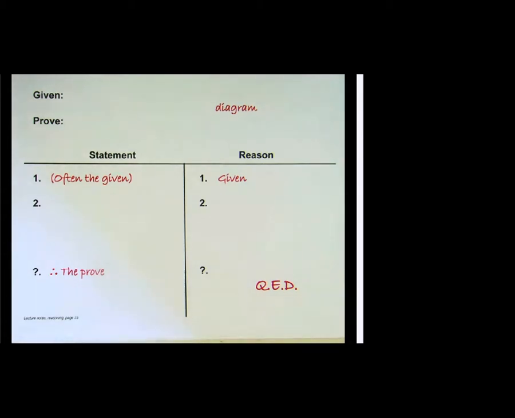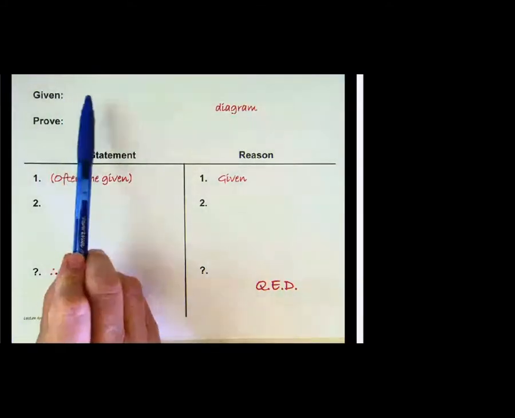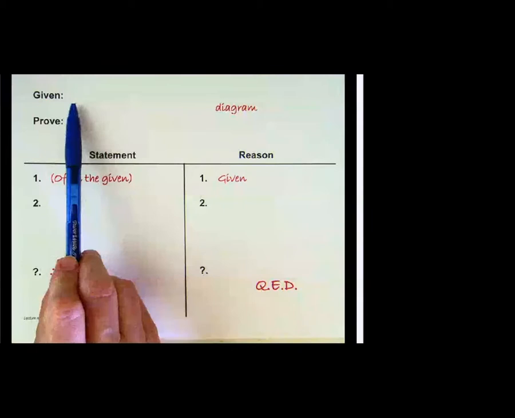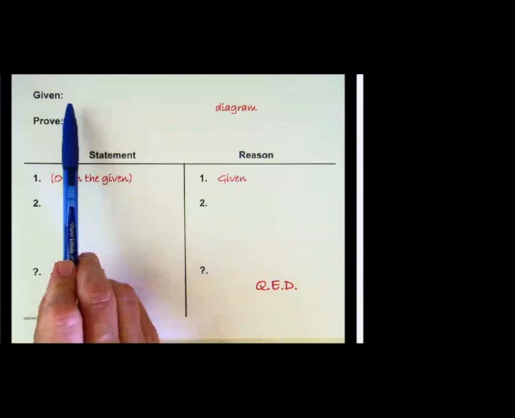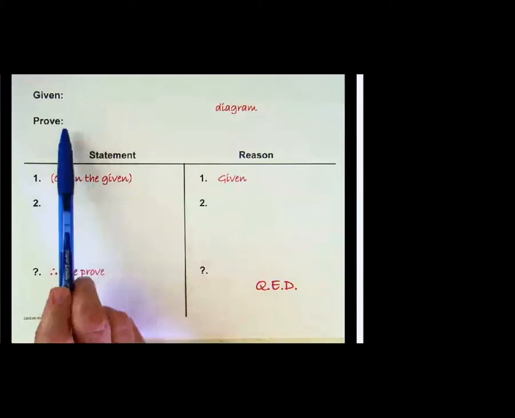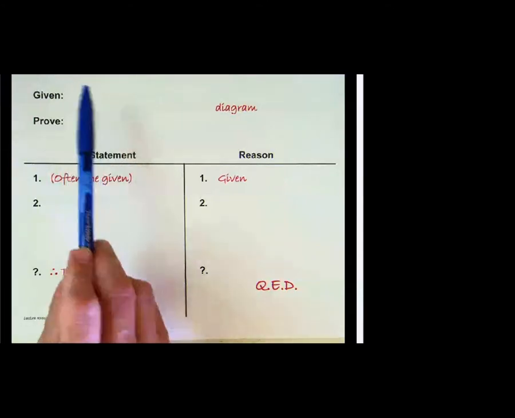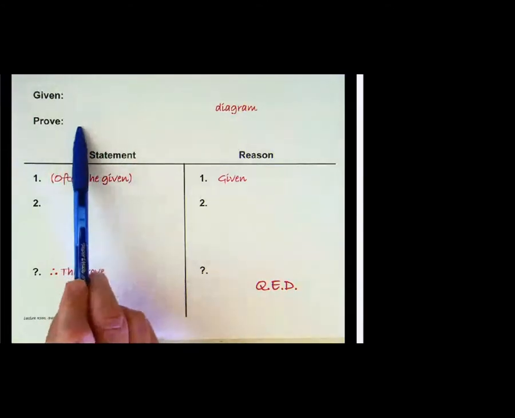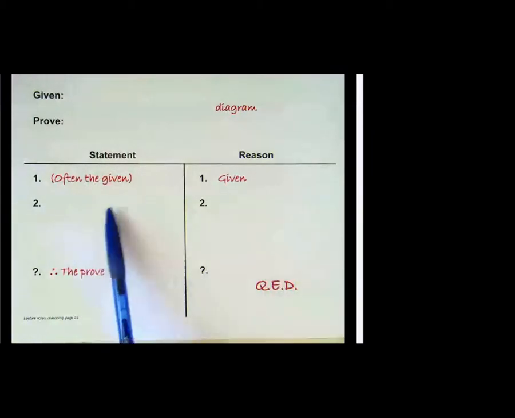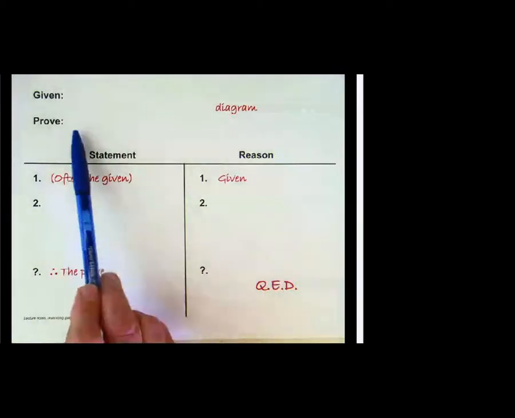So it has to physically look like this when you've done a proof. You'll write the given. You are given the given, and you'll be told what it is. You'll write the proof, and you're told what you're supposed to prove, and you write it in there. So you know where you're to start, where you're to end, and your task is to get from the start to the end, from the given to the proof.